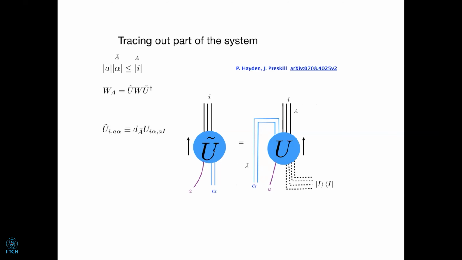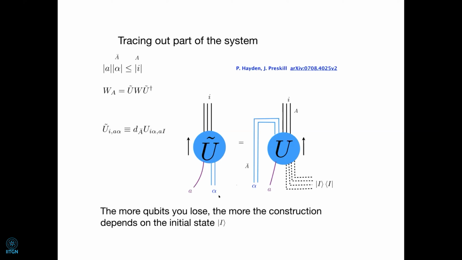And we define this as our U total. This is essentially the Hayden-Preskill construction. And if you just work out all the details, you'll see that in this case, what the Petz map told us to do is to conjugate the operator W by this particular U total.